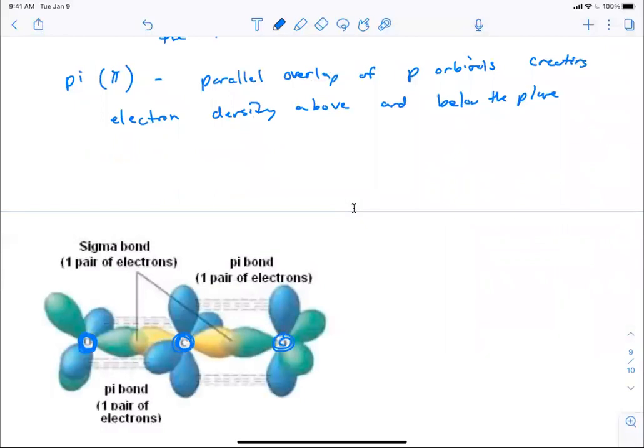A pi bond is just a parallel overlap, and so the orbitals don't have to cover a lot more distance to create attraction, so it's always going to be weaker. That's why a pi bond is weaker, and that's why the bond enthalpies don't increase by a factor of 2 and 3 when you get a double and triple bond, because pi bonds are weaker than sigma bonds.